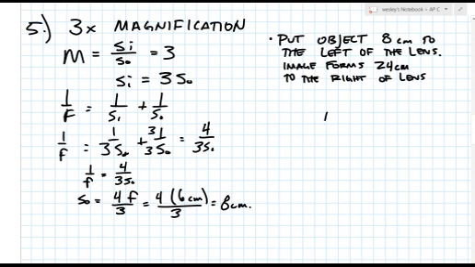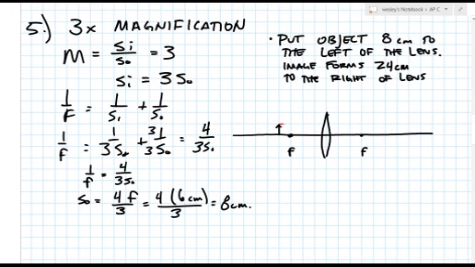So if we wanted to draw all of that, we put our lens right there. And if we said that's my focal point and that's my focal point, we need to put our object here.